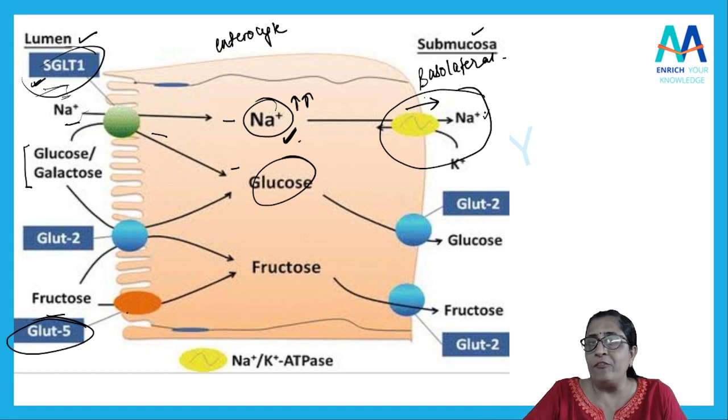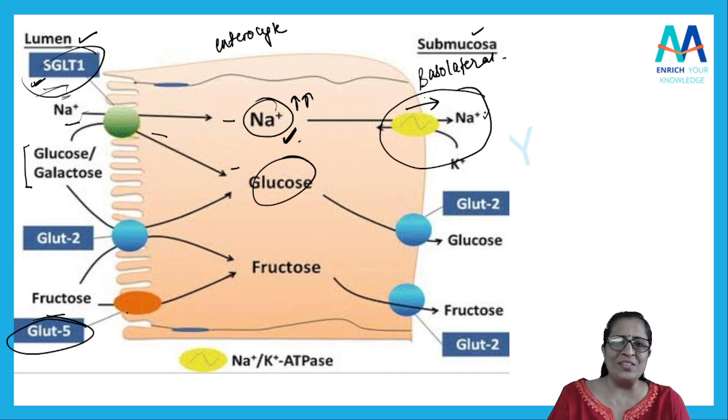So if we want sodium inside the cell, with that it should combine with the glucose और galactose. तो इस तरह से glucose galactose का absorption होता है SGLT1 से, and in that the sodium potassium ATPase also plays an important role. I hope this is clear.